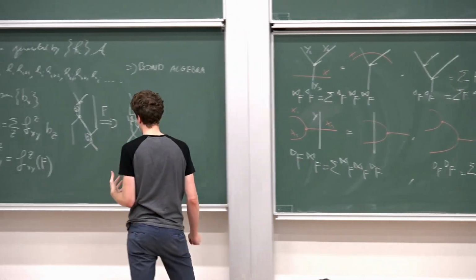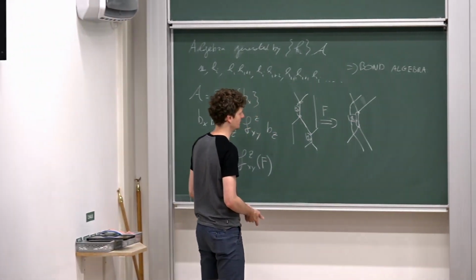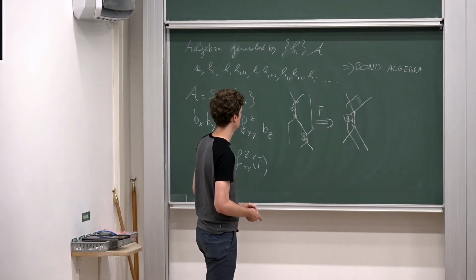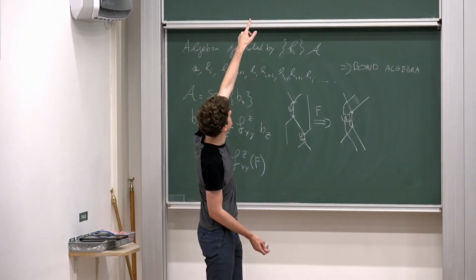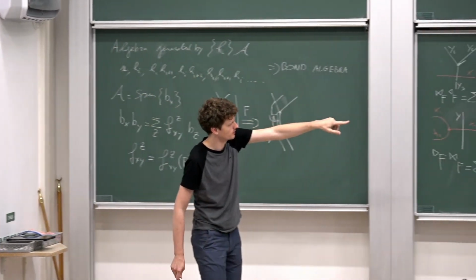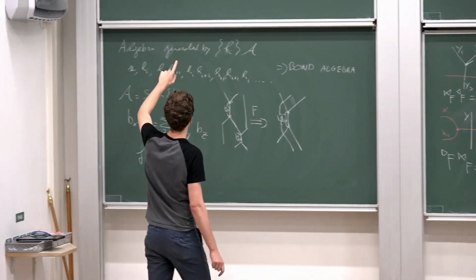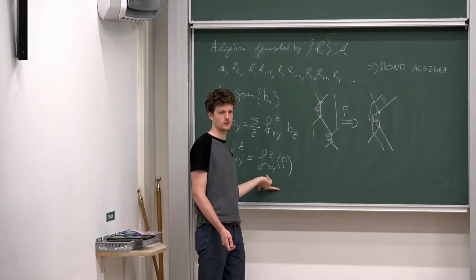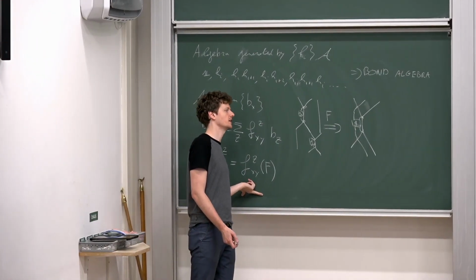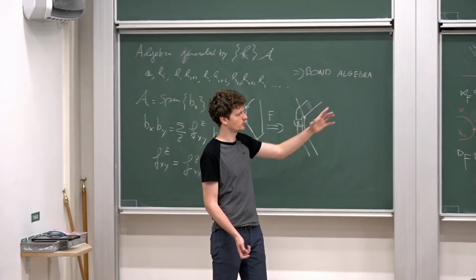So what I'm trying to say, maybe in a roundabout way, is that I haven't really specified a choice of module category for such a Hamiltonian. But the algebra of these symmetric operators is completely fixed by this fusion category D.